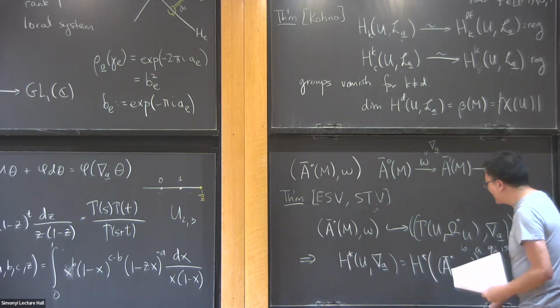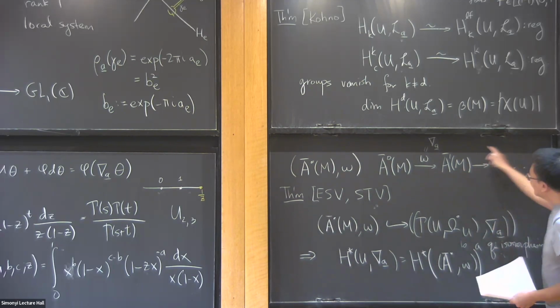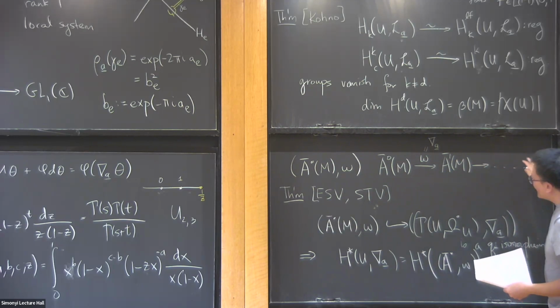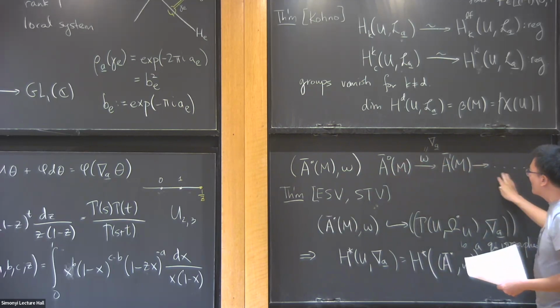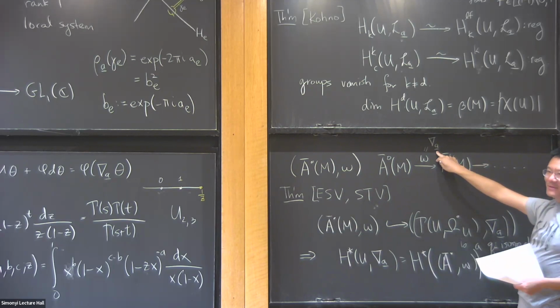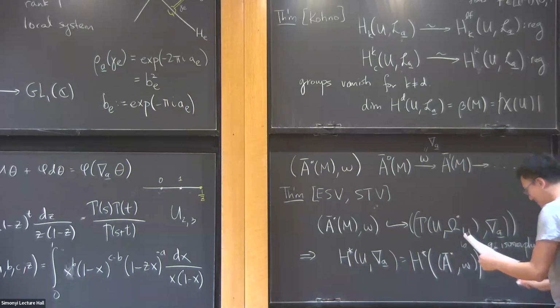And I'll define the cohomology of this complex, which is now a purely combinatorial thing, modulo the fact that there are these complex parameters appearing in this differential.